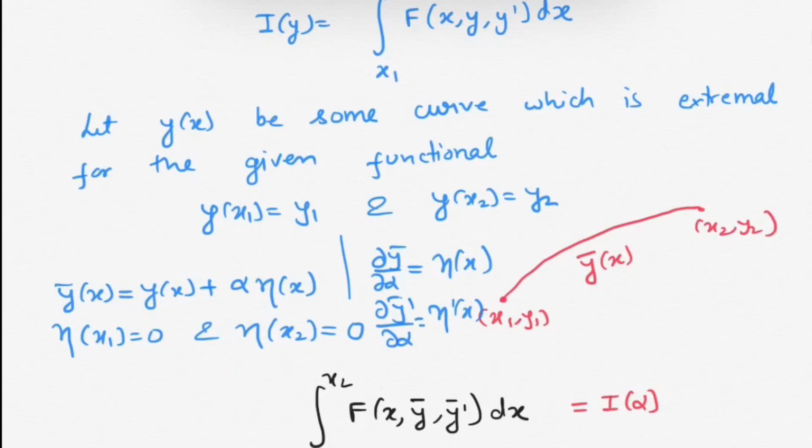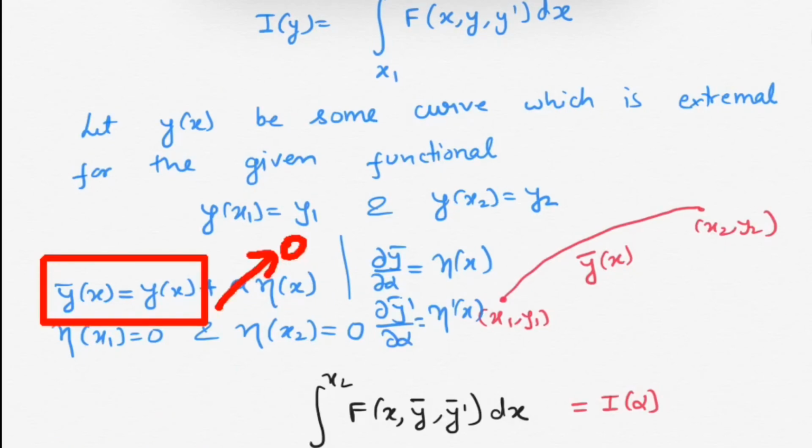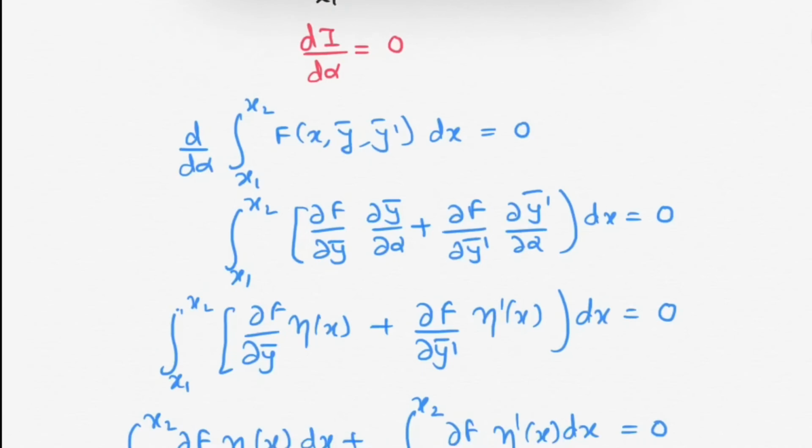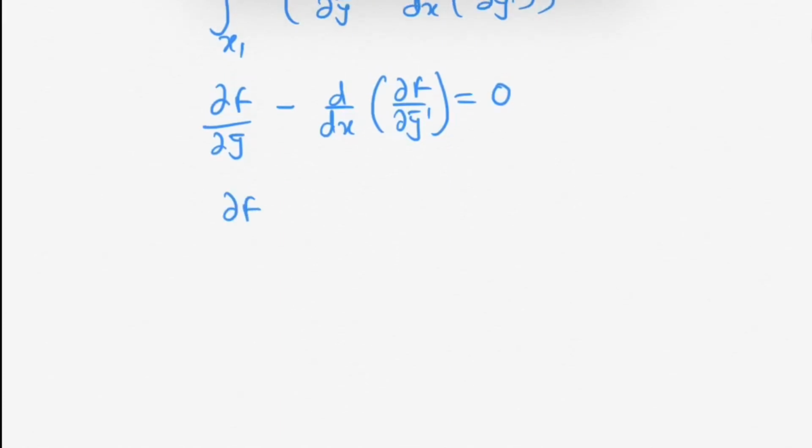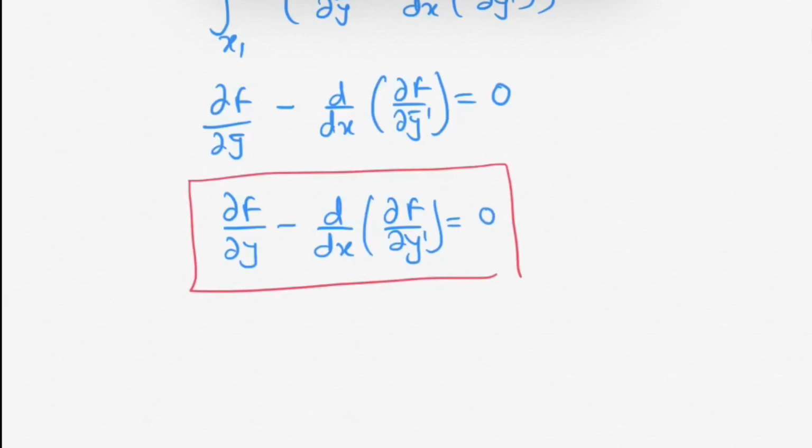When alpha is 0, y bar x equals y of x, so this equation reduces to del f over del y minus d over dx del f over del y prime equals 0. This is the required necessary condition for extremal of functional. That means if y(x) is an extremal of functional I(y), then it must satisfy this condition.